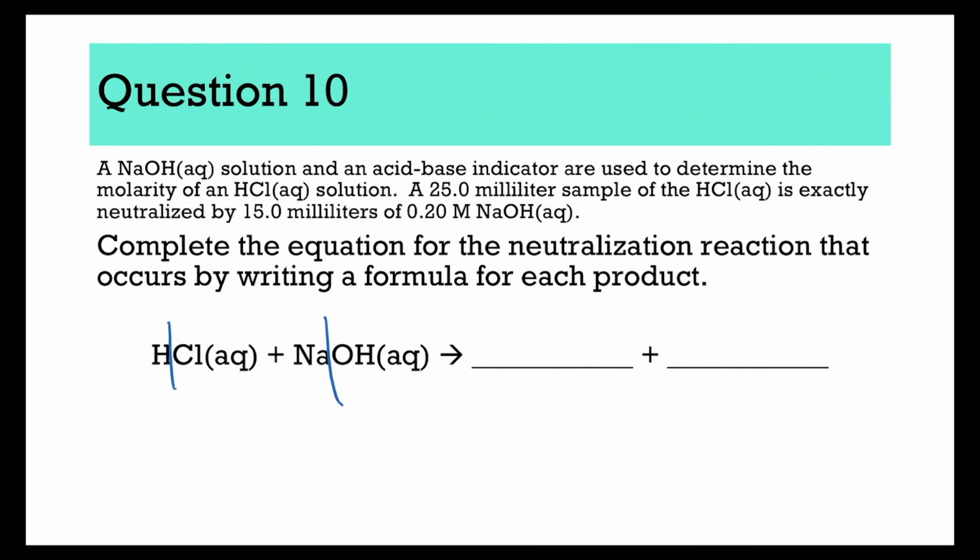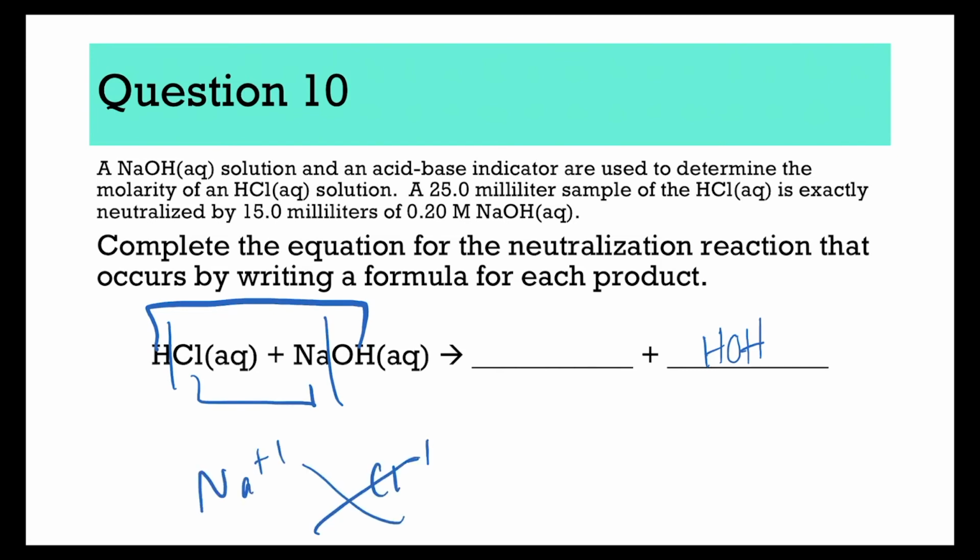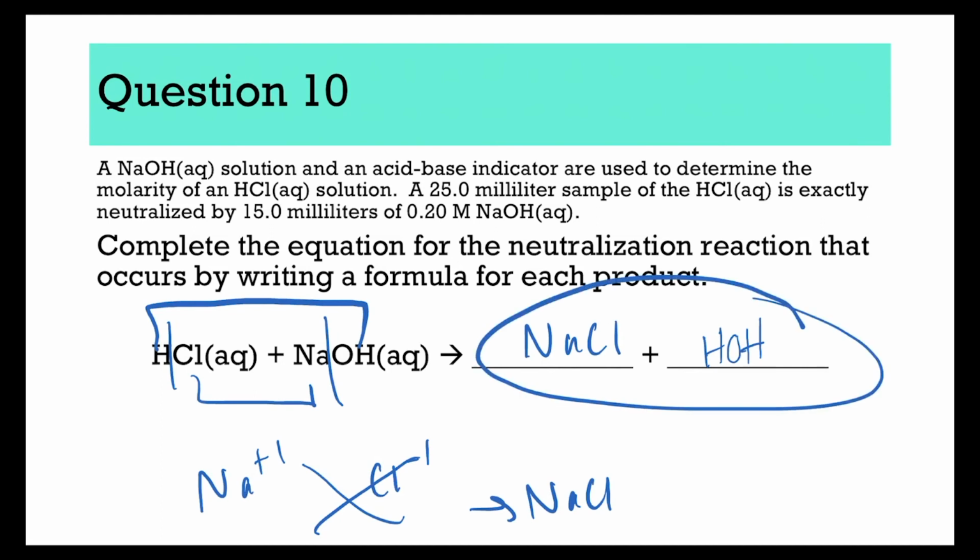H and everything else, your base is OH and everything else. Outside with outside, so you get your HOH. And then inside with inside. Na is +1, Cl is -1. Crisscross, you get NaCl. So that is it. These two are your missing products.